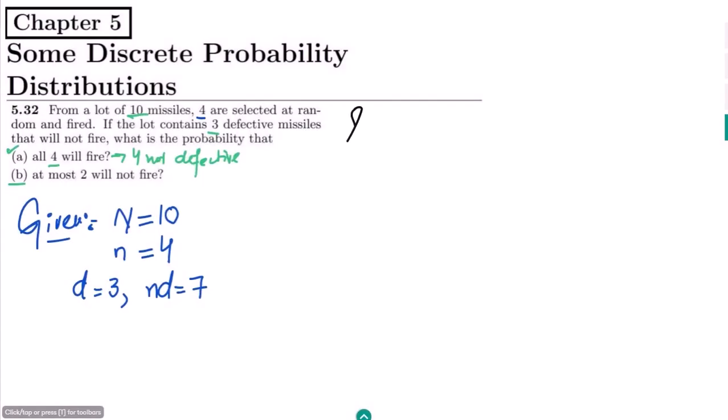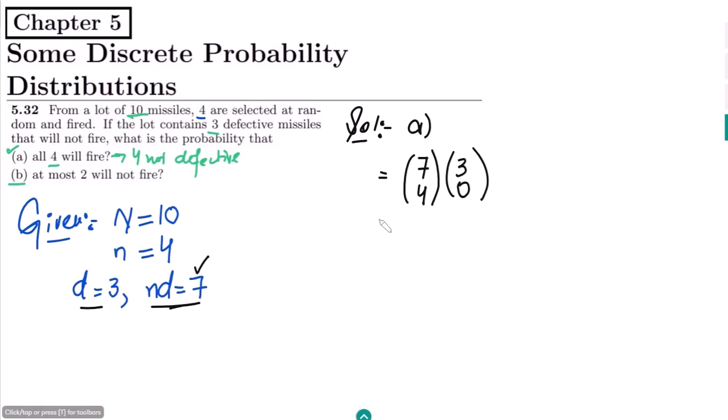What does it mean? In part A we have to write that all 4 will be selected from the non-defective ones, and there will be none from the defective ones. So it will be 7 choose 4, because all 4 will be from these 7, and from these 3 there will be none, and also the total number of items, choose small n, so it would be 10 choose 4.